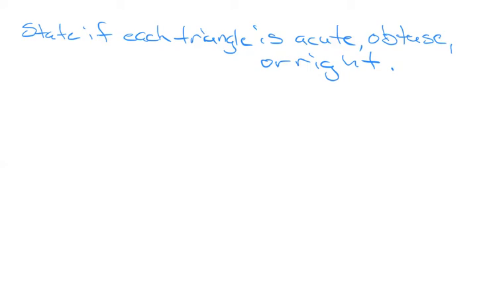If you have c squared equals a squared plus b squared, it is right. I'm just going to abbreviate right triangles. If you have c squared is less than a squared plus b squared, then you have an acute triangle.